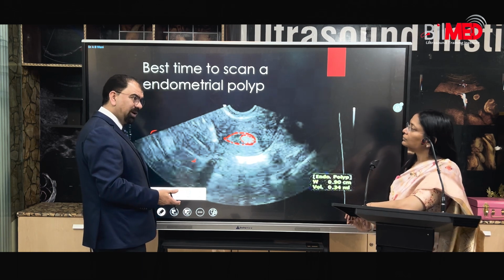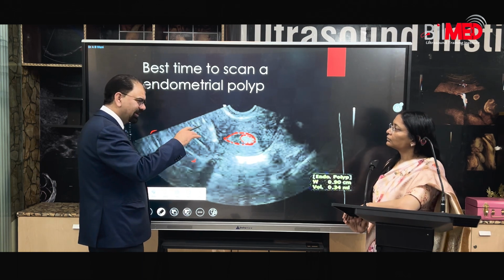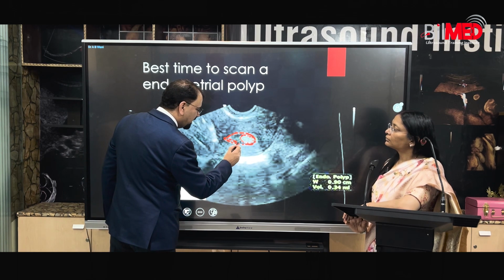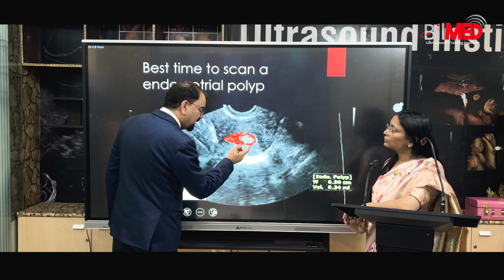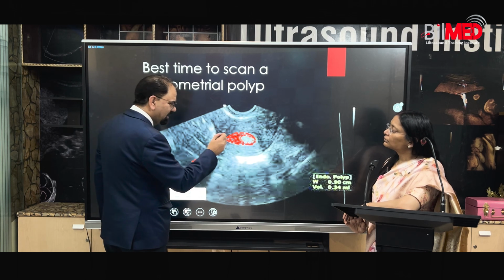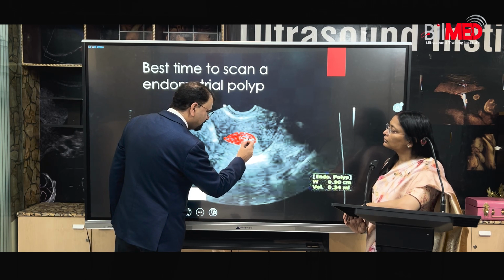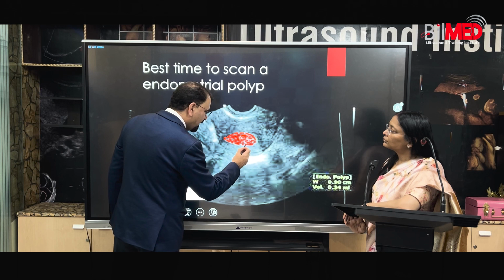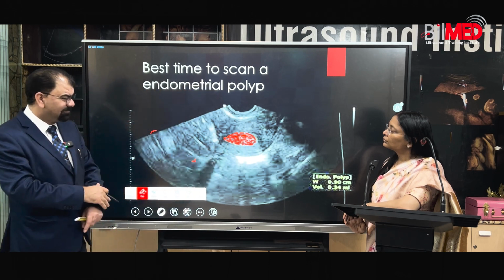So let us make it hyperechoic; this red will be the hyperechoic endometrium. But we know that the polyp is also hyperechoic. I will see a thick endometrium only.